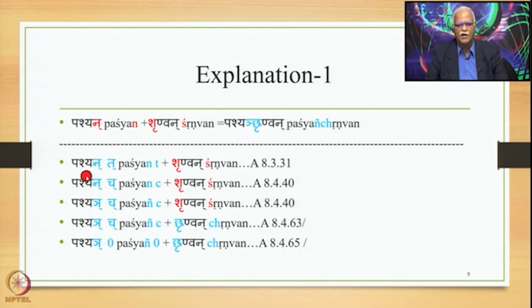So we have already seen that there are 4 such examples that are possible in a given scenario of this kind. If we go back from the bottom and come to the top, this will be the reverse order, and then we shall be able to reach this particular stage Pashyan Shrinvan, and we will be able to identify this as the input. Pashyan and Shrinvan is the output, Pashyan plus Shrinvan is the input.